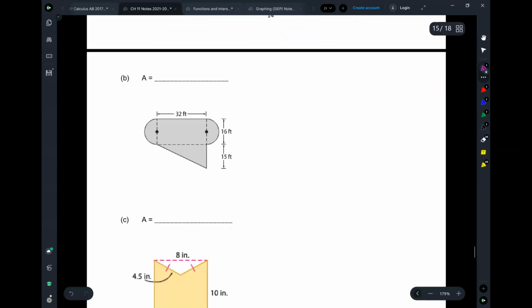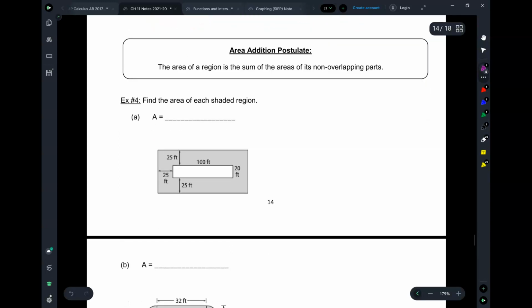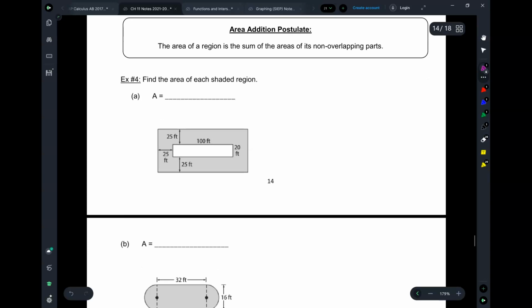So, area addition postulate, basically, the area of the region is the sum of its parts. You guys know this. So how do we find the area of the shaded region here? What are we going to do? The total minus the bottom rectangle, right? So what is the total?